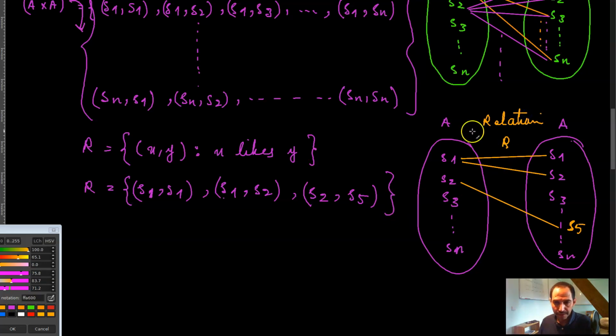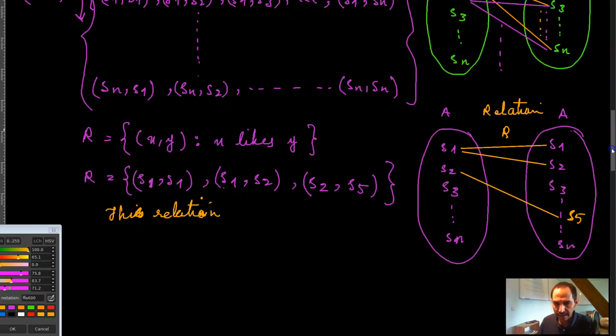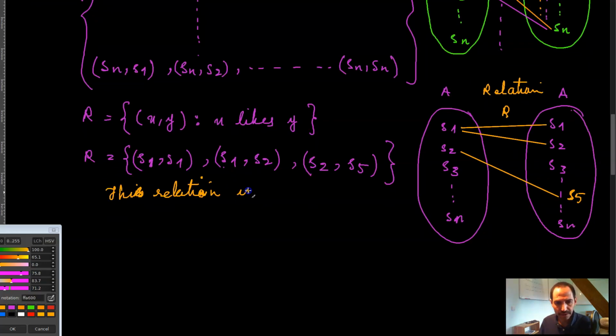But the problem is that this relation, of course that's not a problem in any way, but that's just a fact that this relation is not a function. Now what is a function?